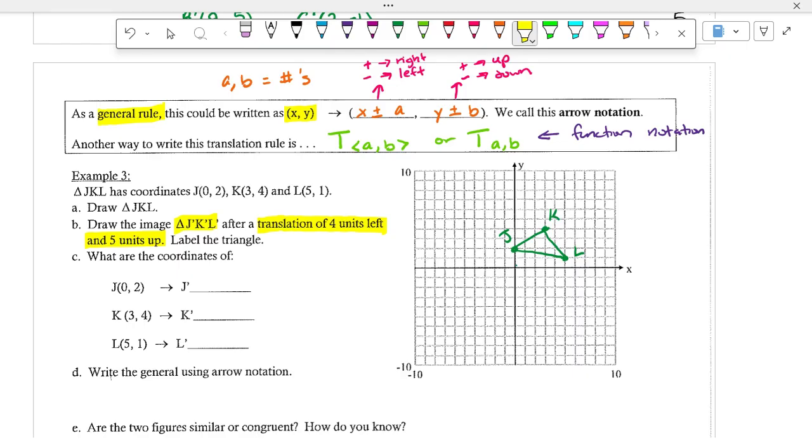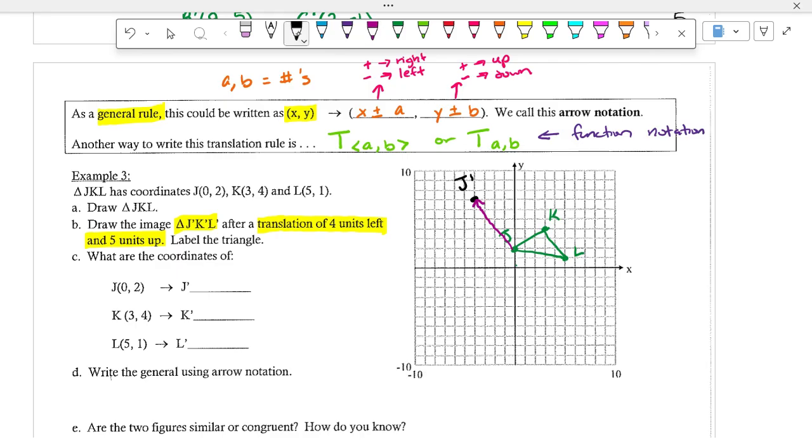So we're going to count each point. We're going to go to the left 4, so 1, 2, 3, 4, and then up 5. 1, 2, 3, 4, 5. So that'll be J prime. So if I were to draw a vector between the two, that would be what the vector looks like.